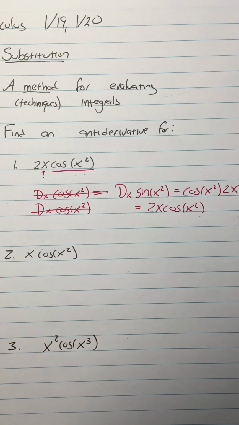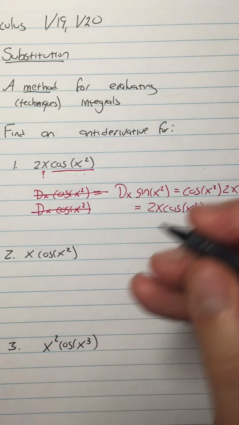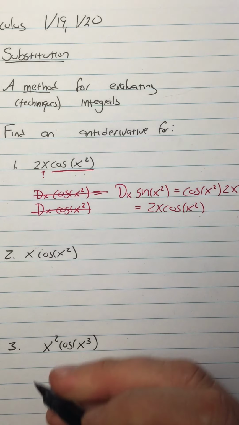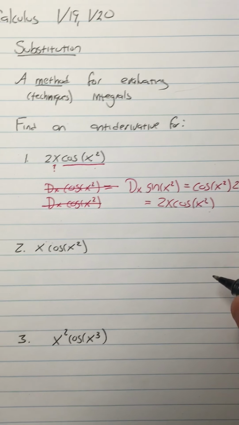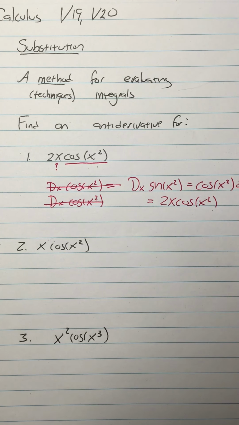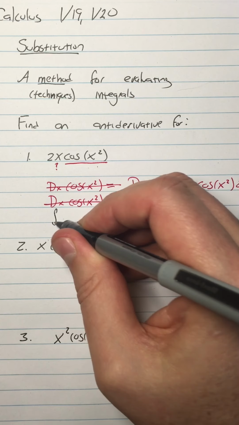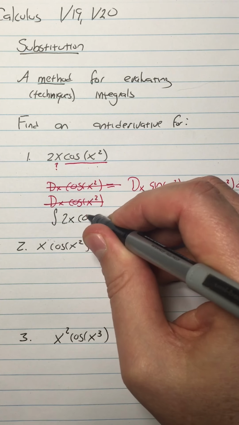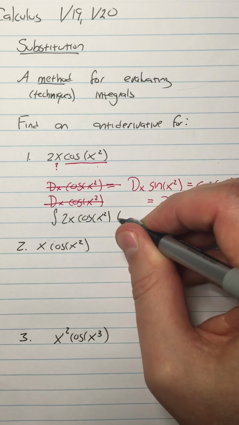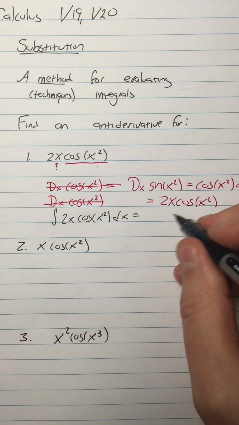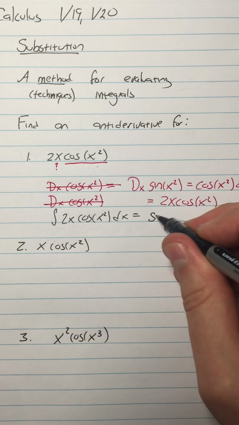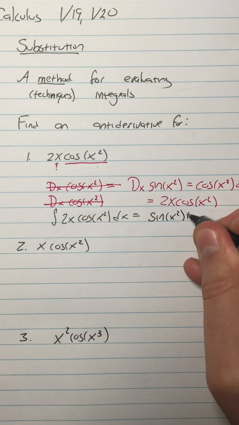All right, so what I can say here, and our new idea of writing an indefinite integral is really handy if I want to just say what the antiderivative is, but I don't want to sit there and figure out an actual numerical value. So what I can write is the integral of 2x cosine of x squared dx is just equal to whatever I took the derivative of, sine of x squared plus c.